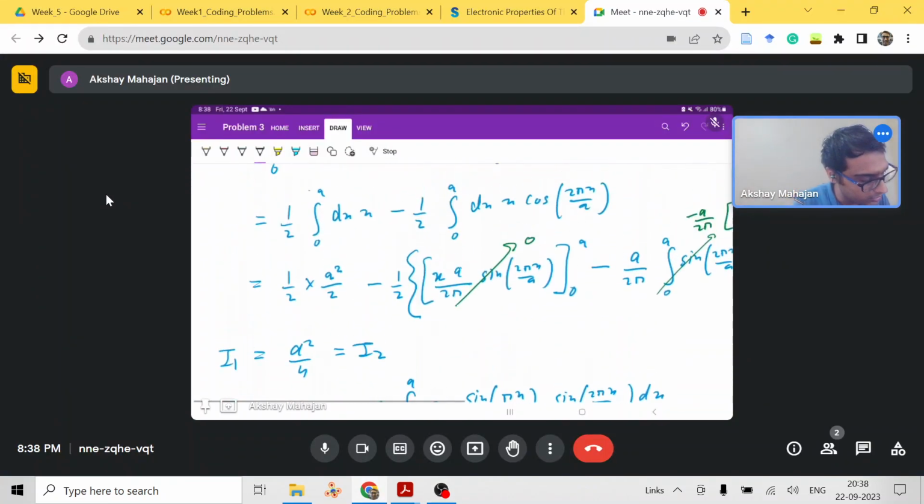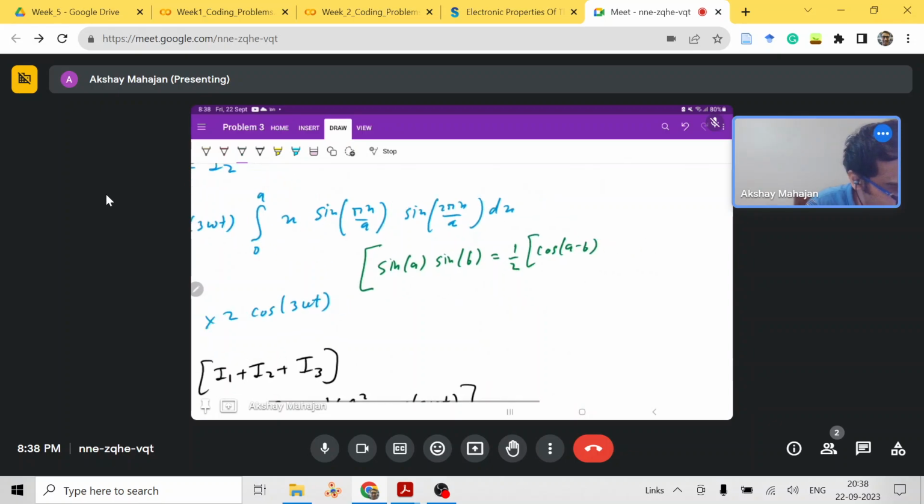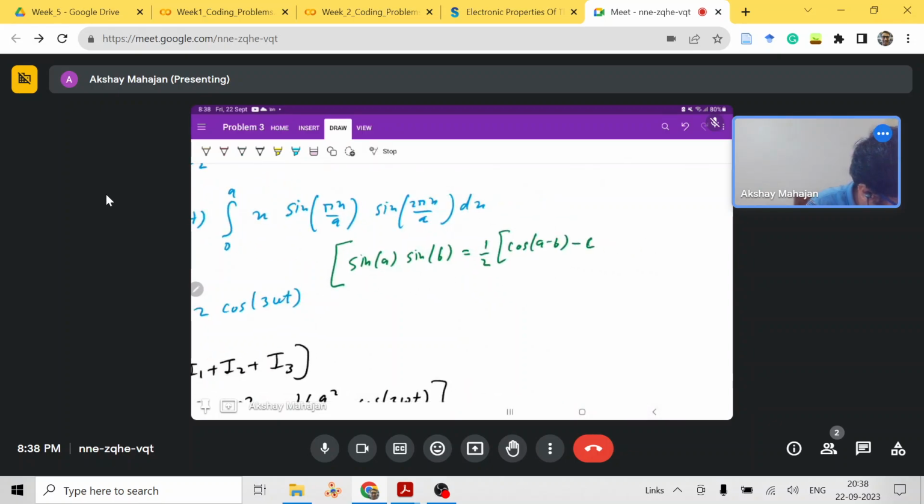Let me just give you a hint. To solve this, you have to use that sine A times sine B is equal to half of cos of A minus B minus cos of A plus B. Alright, so this is the hint for you guys.